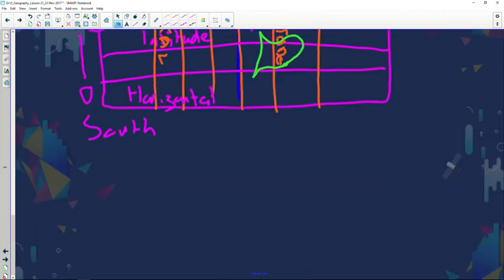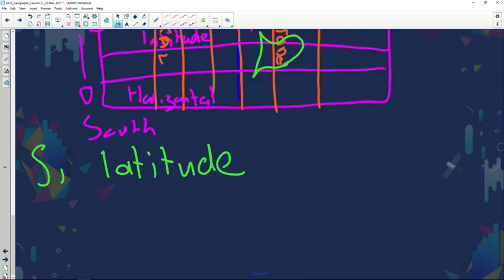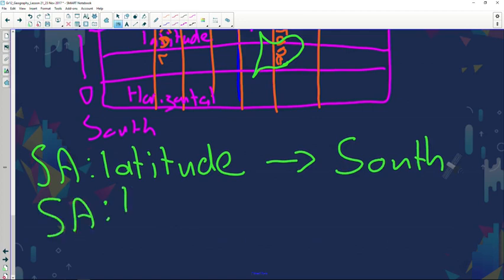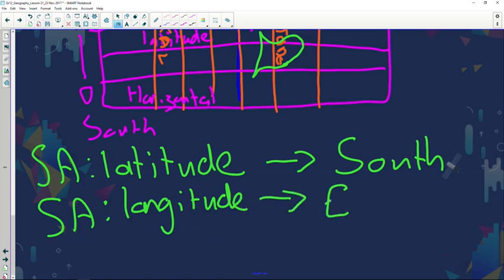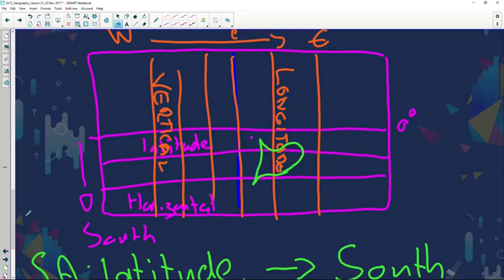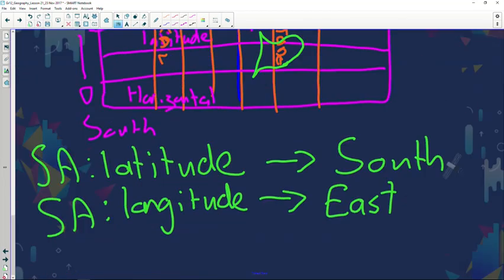So, in theory, SA's latitude will always be south, and SA's longitude will always be east. Why? Because we are south of the equator, we're moving down south, and we are east of the Greenwich. So our position will always be latitude south, longitude east.